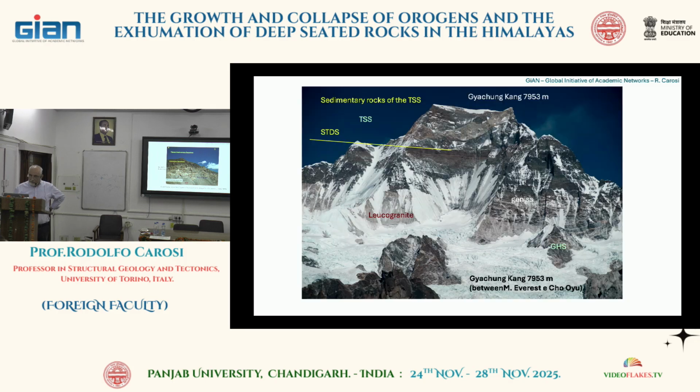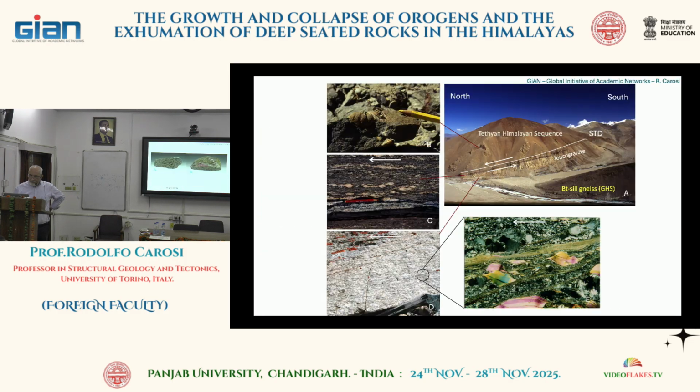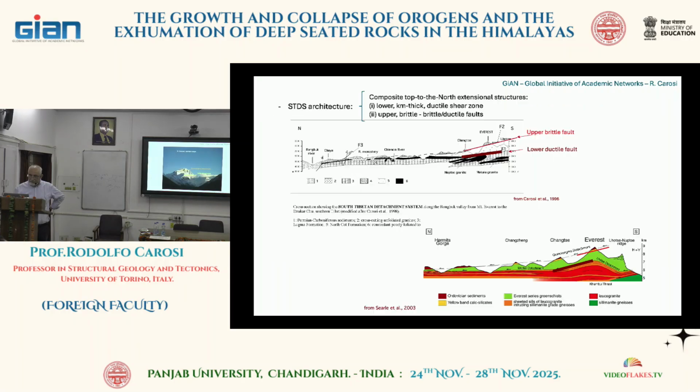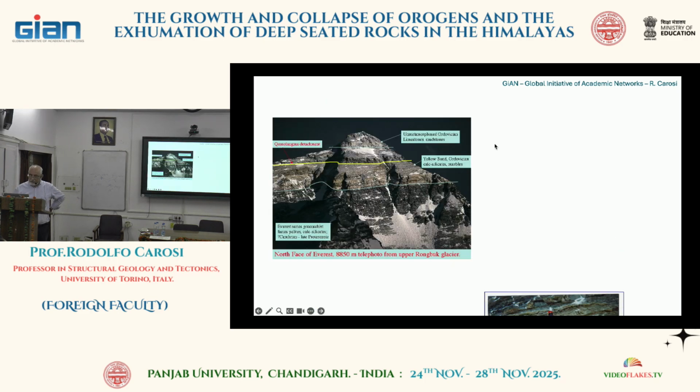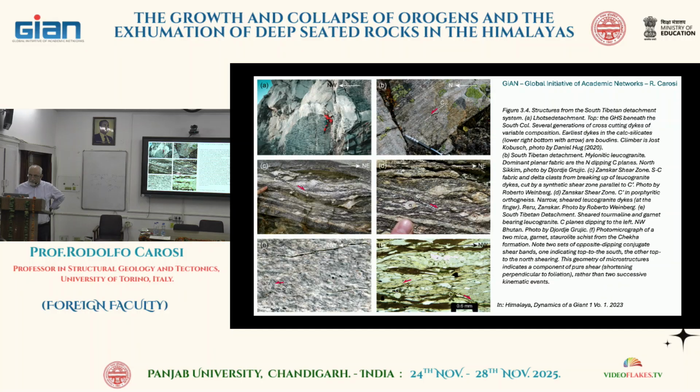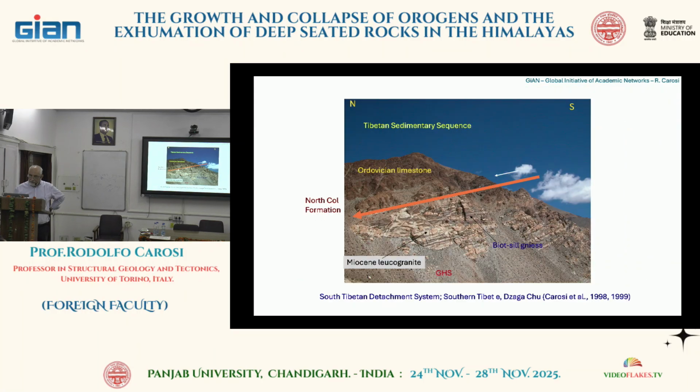Okay, I showed you that sometimes in the Mount Everest section you have a ductile fault and a brittle fault, but it is not so common all over the belt. For example, in this part, just north of Mount Everest, you have biotite sillimanite gneisses, the dark stuff, leucogranite here, and just above, Ordovician limestone.